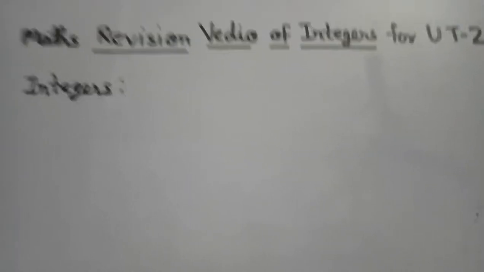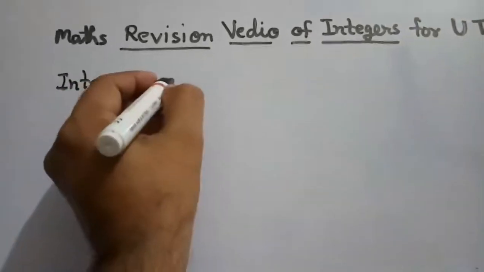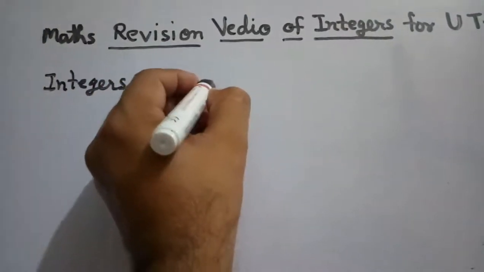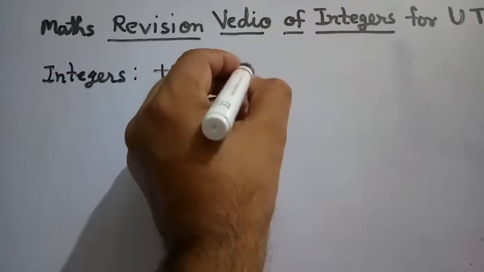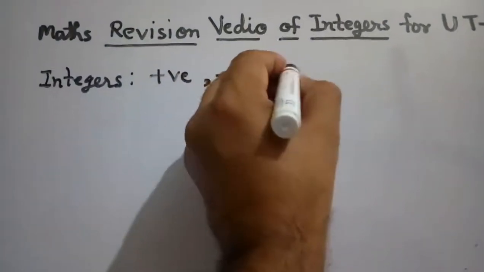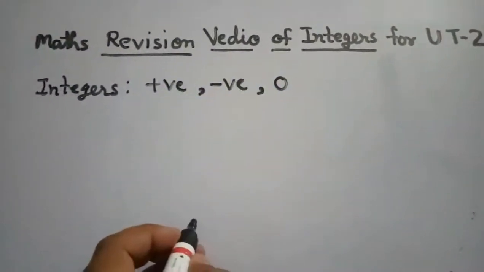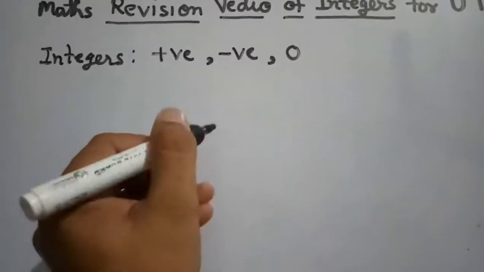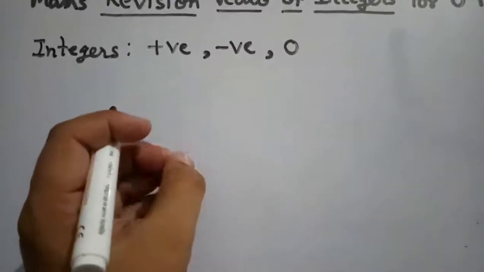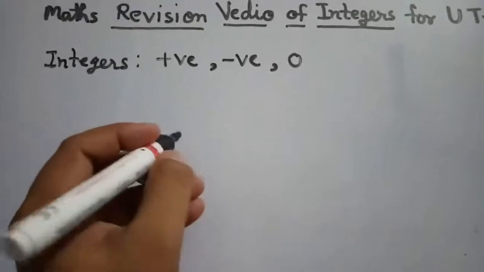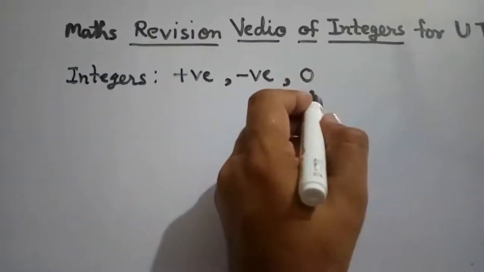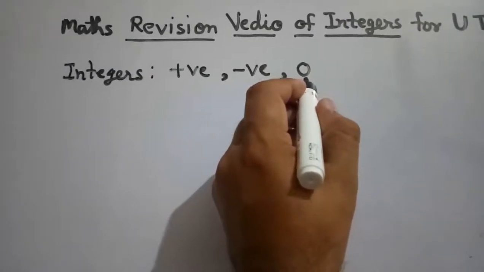So, students, what are integers? All positive numbers with negative numbers included 0 are called integers. Positive numbers and negative numbers are those numbers in which we have to take a positive or negative sign with the same number, and 0 is neither positive nor negative.